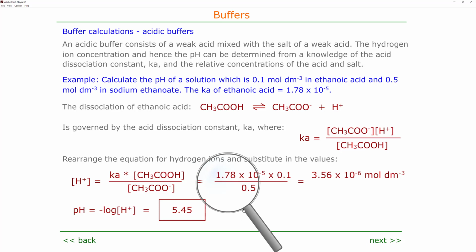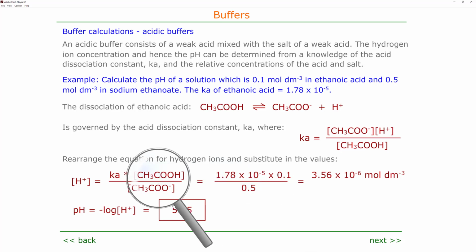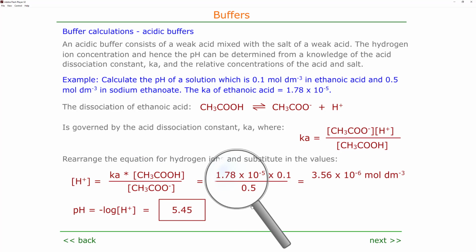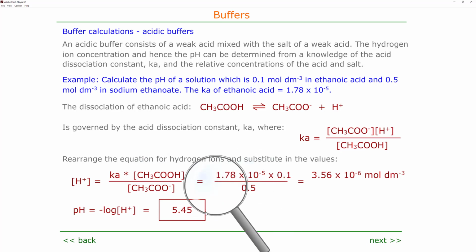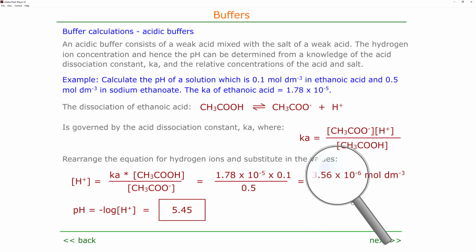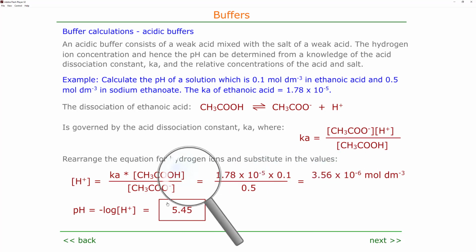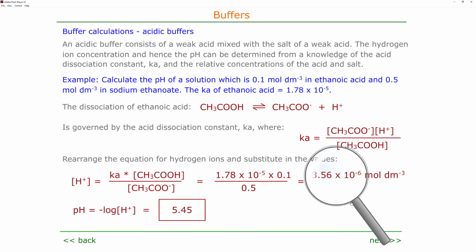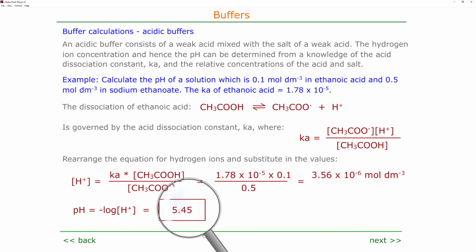And then we substitute our values in. If it's a 0.1 molar solution, well, the ethanoic acid, we assume there's no dissociation whatsoever. That's a good approximation. And we simply multiply Ka by 0.1 and divide by the concentration of the sodium ethanoate, which is the same as the ethanoate ion concentration, which is 0.5. This gives us a value for H plus, and we then take the negative log to give the pH.